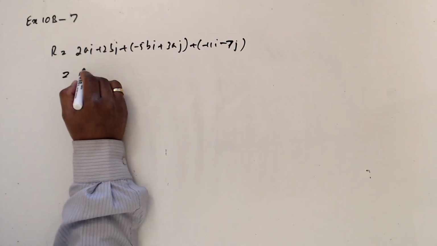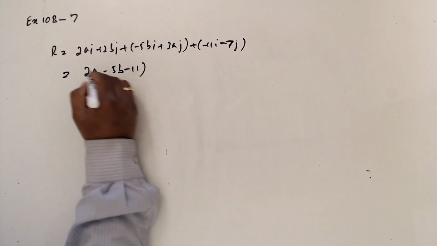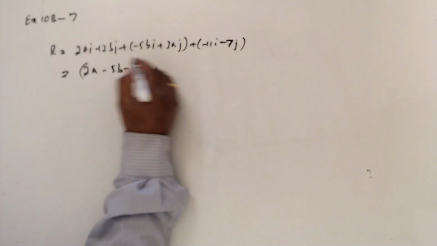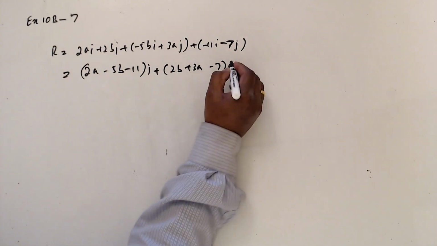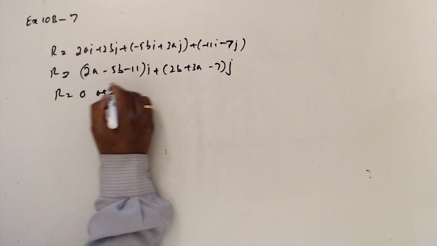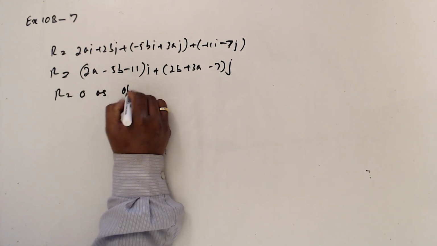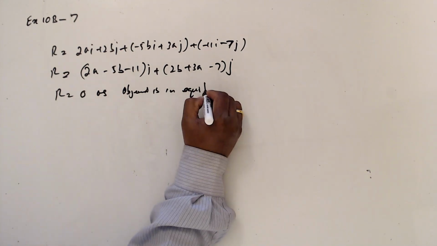So this is (2a minus 5b minus 11)i plus (2b plus 3a minus 7)j. R equals 0 as the object is in equilibrium.